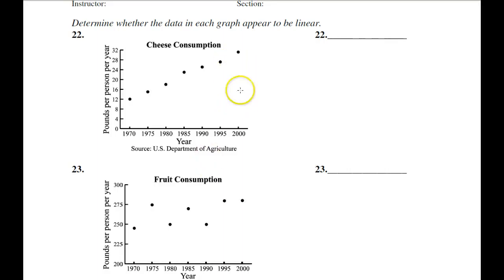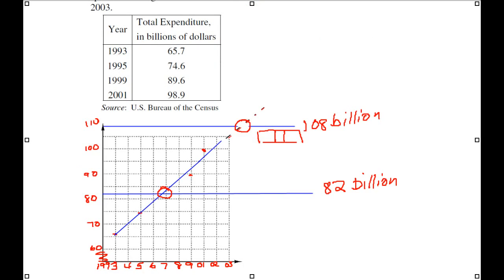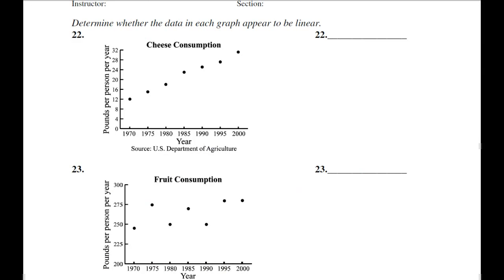All right, now we're not doing those other two, but here in number 22, they're asking us to determine whether this data appears to be linear. And again, part of the test is, can you sort of make a straight line out of the data? And the answer is sort of.